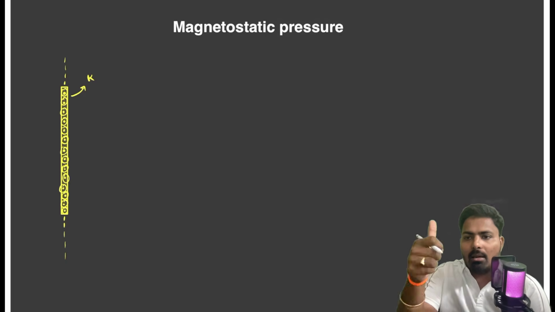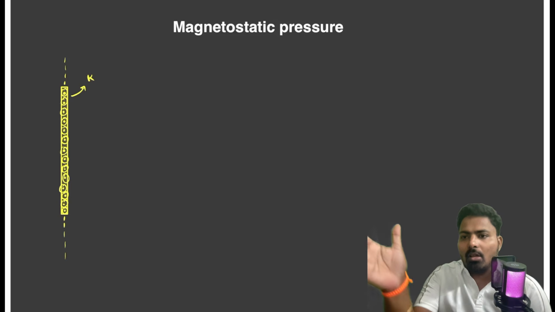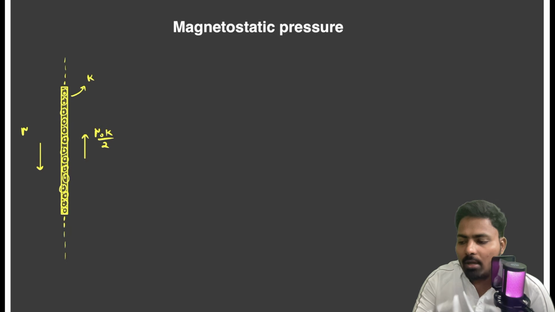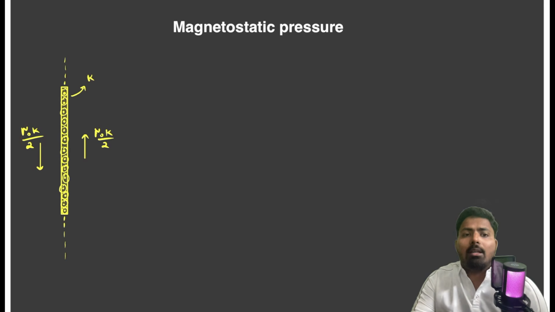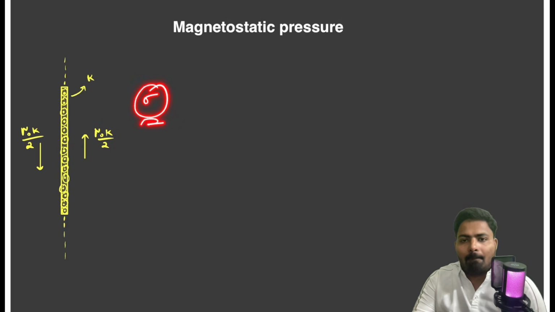As the current is coming out of the plane, if you use your right hand thumb rule, on the right side the field lines will be going in the upward direction, and on the left side downward. The magnitude, which you can get by using Ampere's circuital law, is mu naught K by 2 on both sides, similar to sigma by 2 epsilon naught for the electric field due to an infinite sheet carrying charge density sigma.